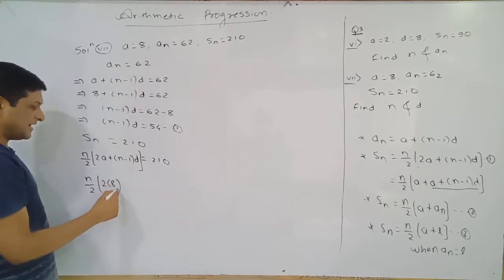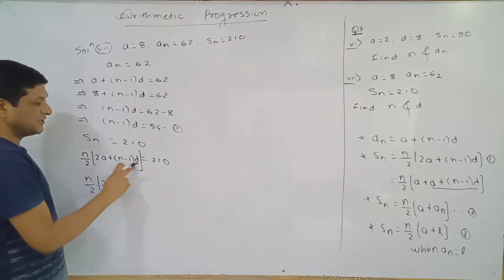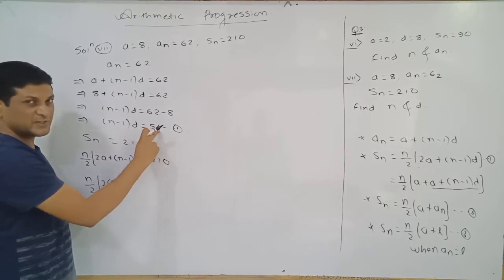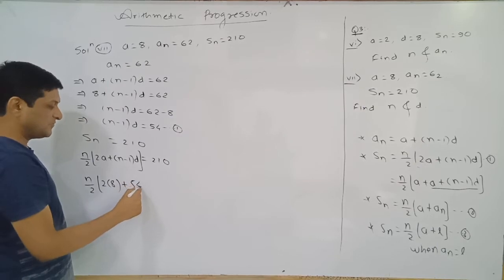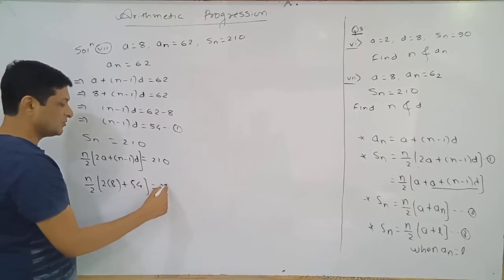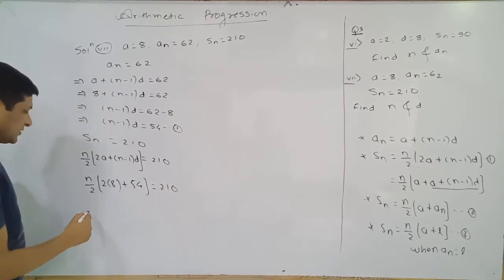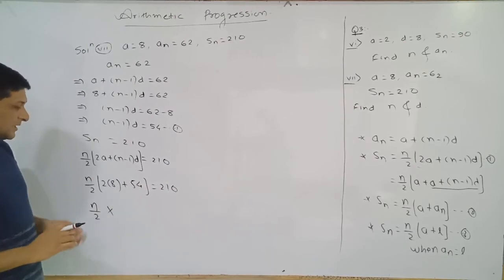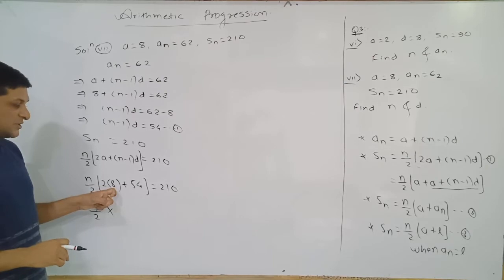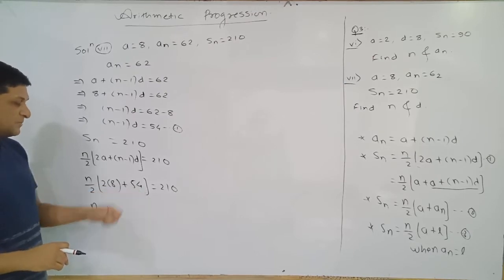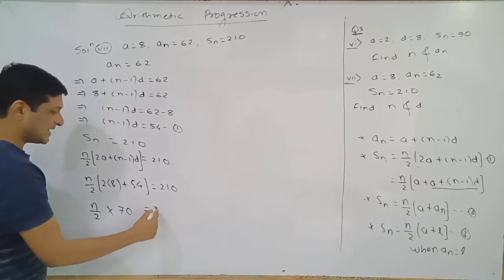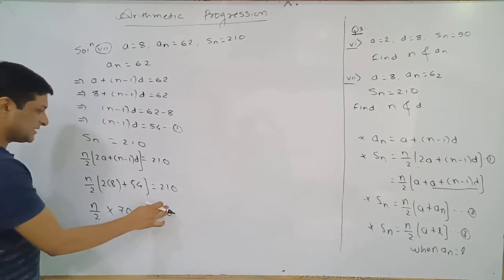So replace it by 8, plus n minus 1 into d. What is the value of n minus 1 into d from equation number first? It is equal to 54, equal to 210, keep it as it is. So n by 2, keep it as it is, into, now 2 into 8 is 16, 16 plus 54 will be equal to 70. On the right hand side 210, keep it as it is.